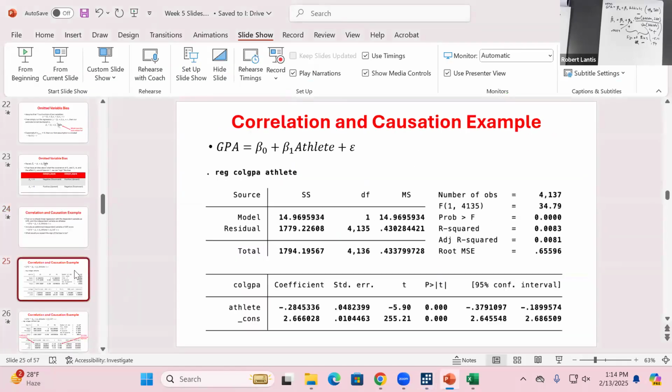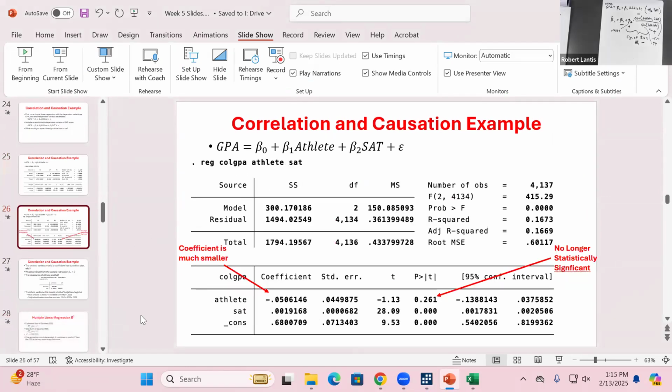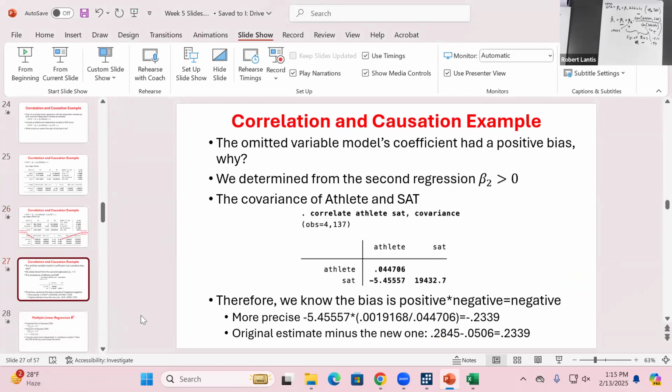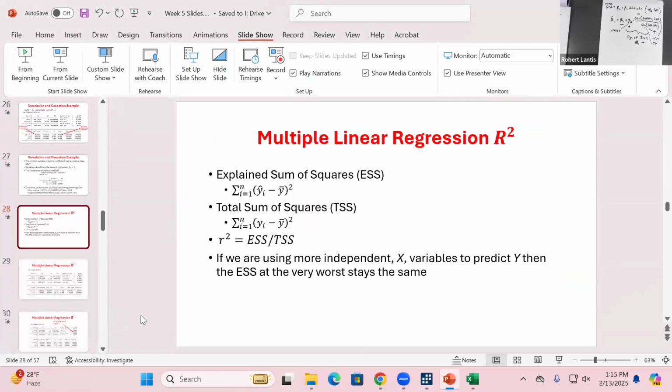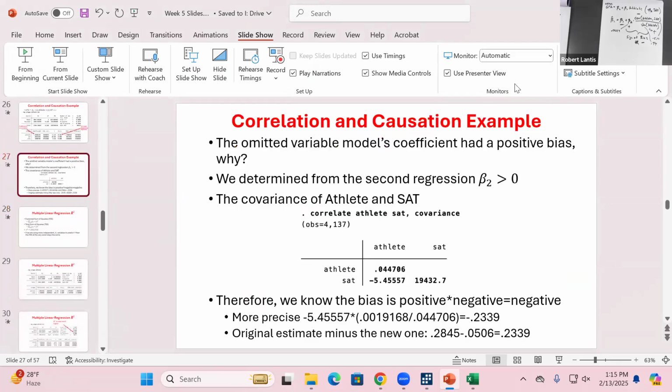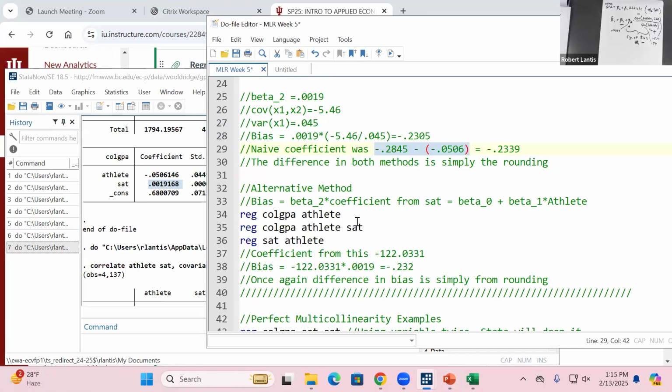So let me make sure. Yeah, this was the example I had in the slides. We went through all this, but there's some summary of the output that we would see in Stata. I want to do one more before we move to the R squared, because I did mention this. We have this alternative method, which I said, what does that second part of the bias actually represent?